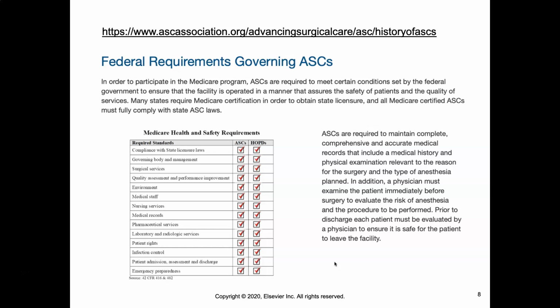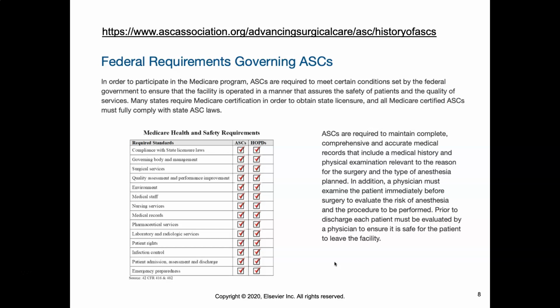ASCs and hospital outpatient departments are both required to have compliance with state licensure laws, have a governing body and management, have surgical services, do quality assessment and performance improvement, manage their environment safely, have a medical staff with established policies and procedures that go with that, have nursing services, maintain medical records and content of medical records, pharmaceutical services, lab and radiology services, patient rights, where you're talking about, for instance, privacy practices and other patient rights.